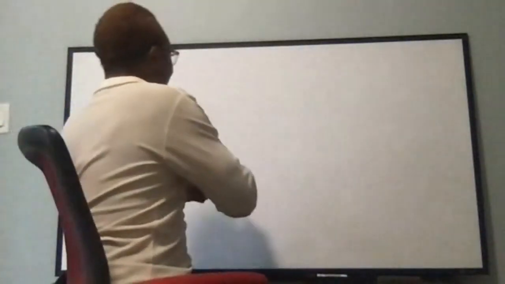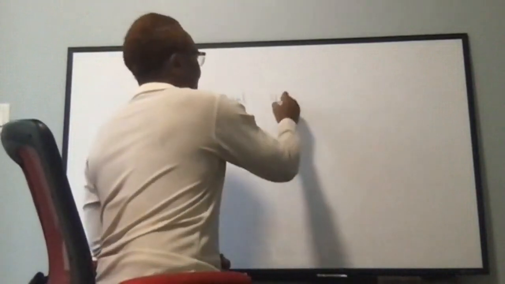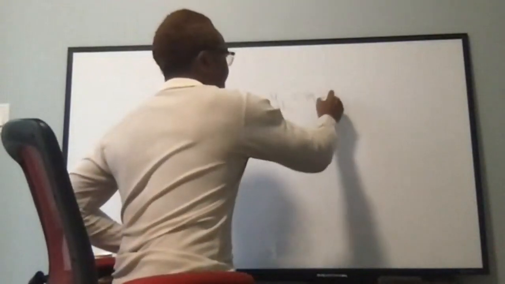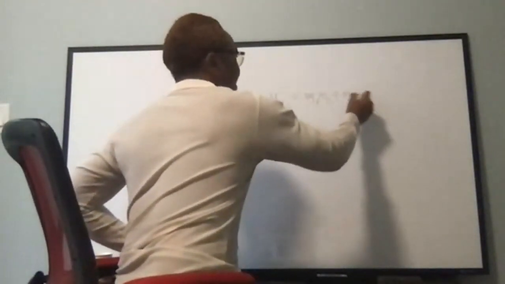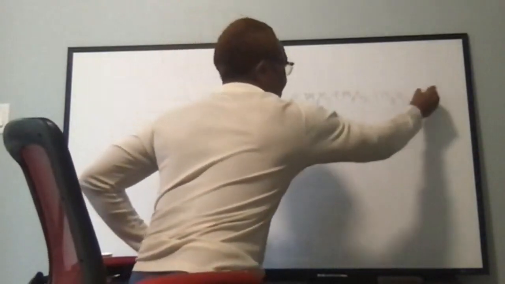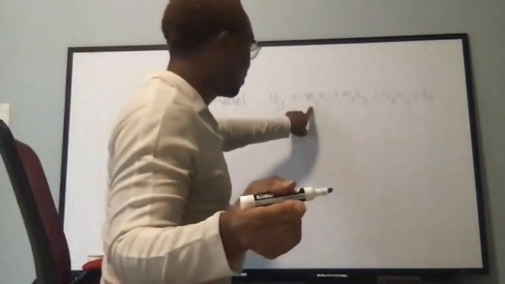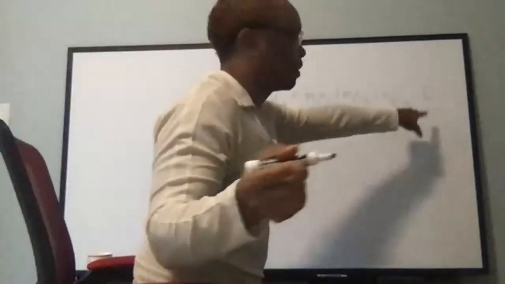When I say model, in this case, my model will look like y sub L equals M1 x1 plus M2 x2 plus M3 x3 plus B. Now you can look at the results there, and we can figure out what M1, M2, M3, and B are.